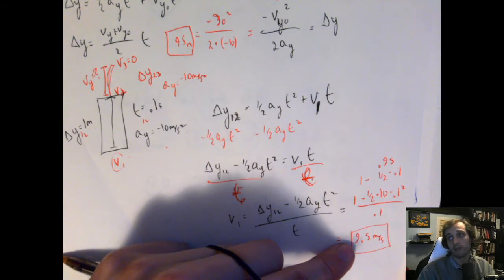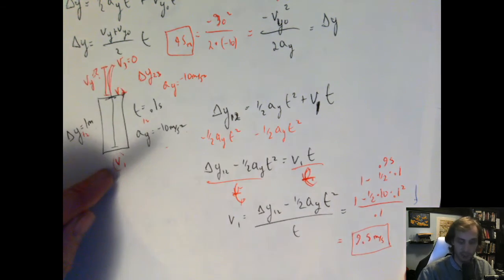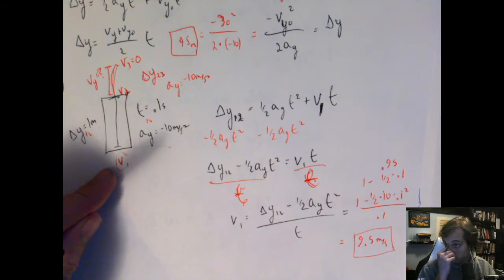So we've got 9.5 meters per second as our final velocity after that distance. Sorry, our initial velocity at the beginning. Yeah, that'll work.